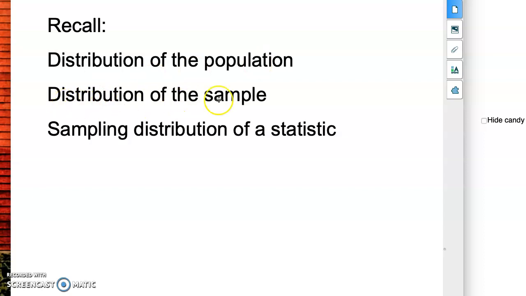If I take samples of those pennies, let's say I'm taking samples of size 10, I'm looking at the dates, and in this case, since I'm talking about proportions, maybe I'm interested in the proportion of pennies that have a date of 2000 or higher versus those that have a date of less than 2000. So again, looking at each sample, I would look at all the dates of all the pennies, and then I would calculate the proportion for each sample, and that's the sampling distribution of the statistic. That's what that would look like.